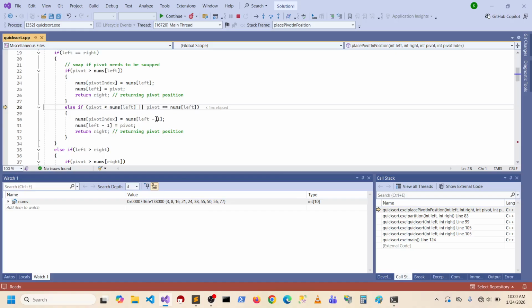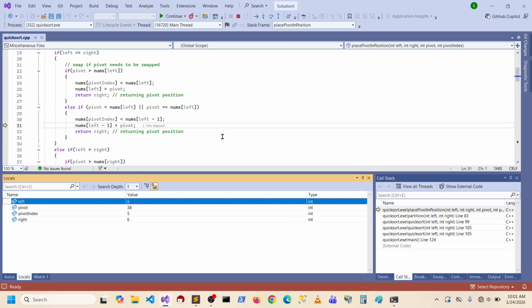There's that minus 1 again. So it worked last time, but on this other side, it's not working. Because it's just swapping with itself, and then it just resets to the same one, 38.